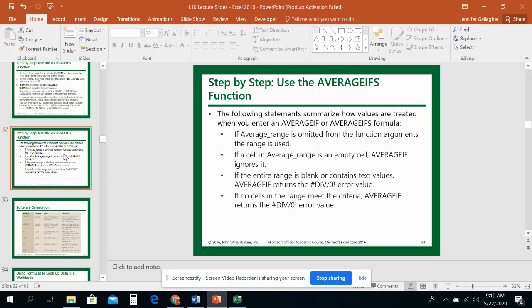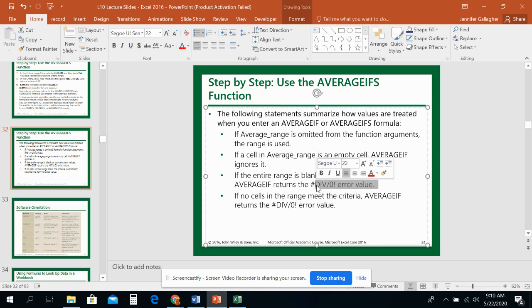Remember, blank and zero are totally different things. It says if the entire range is blank or contains text values, AVERAGEIF returns the #DIV/0! error because it's dividing by zero. If no cells in the range meet the criteria, AVERAGEIF returns #DIV/0! again.